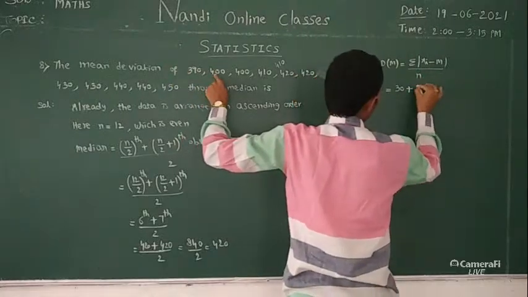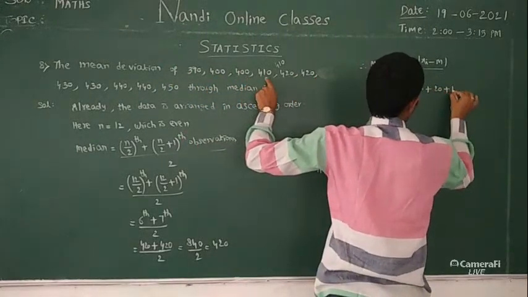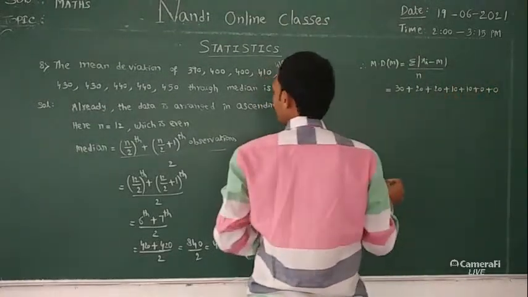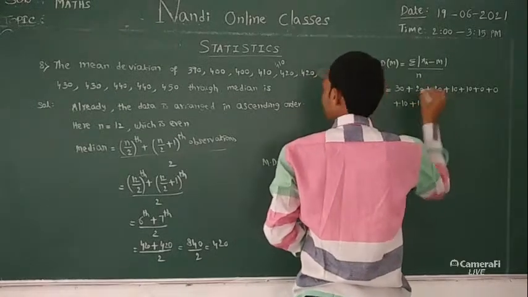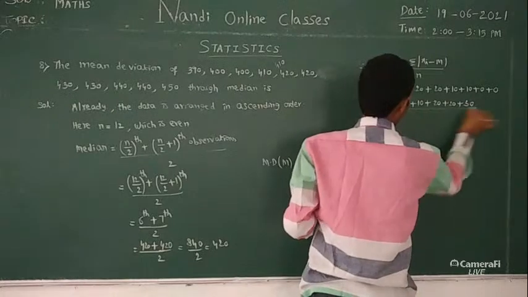Plus 20 plus 20 plus 10 plus 10 plus 0 plus 0 plus 10 plus 10 plus 20 plus 20 plus 30, whole divided by 12.